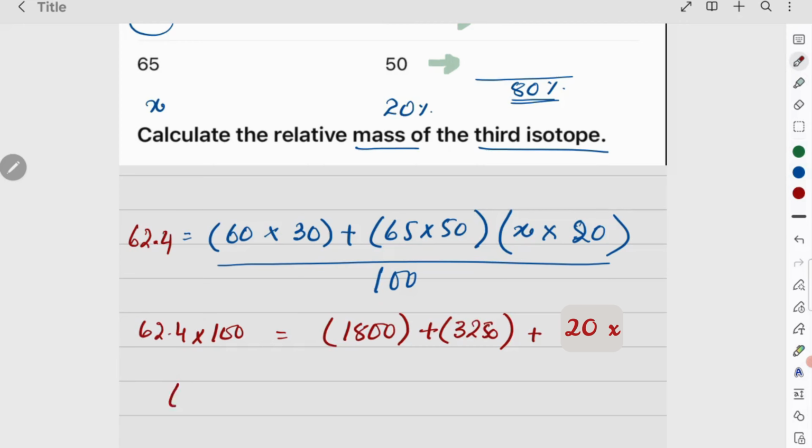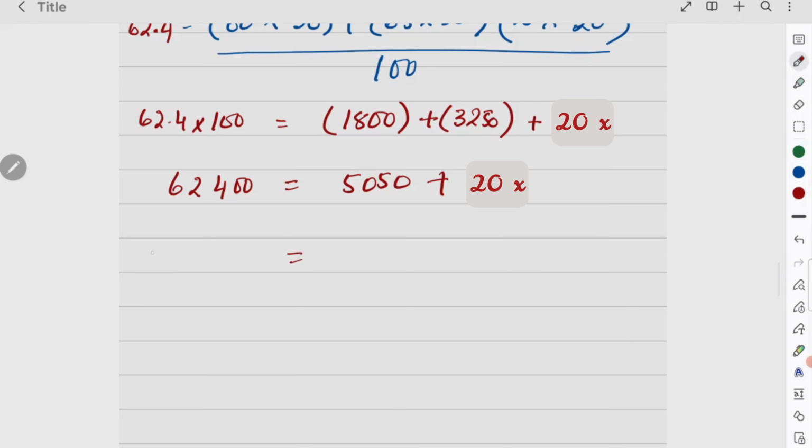Now we have to calculate it. It will be 62400. 1800 plus 3250 is 5050, plus 20x. So from 62400 we have to subtract this value 5050 to get x.